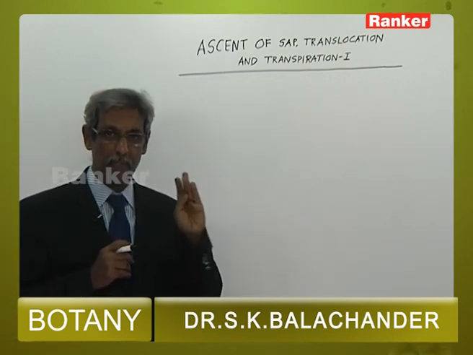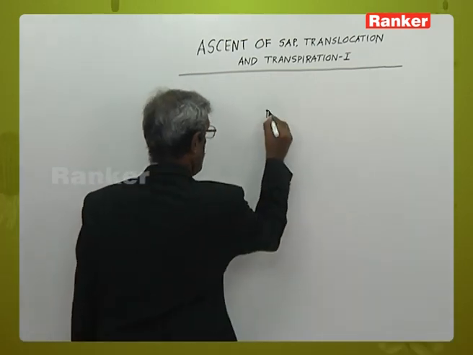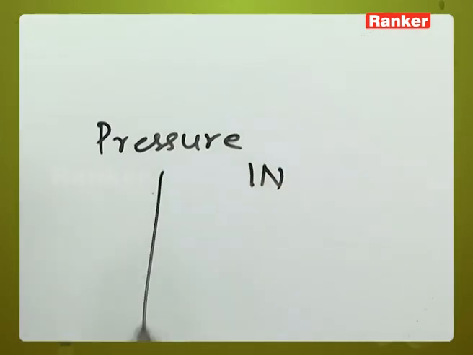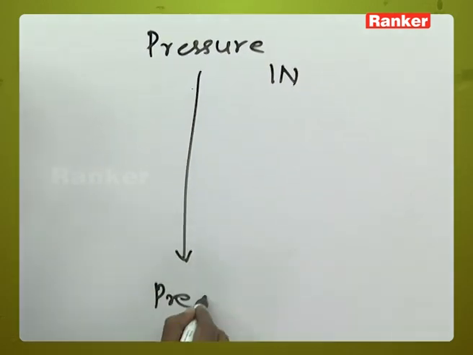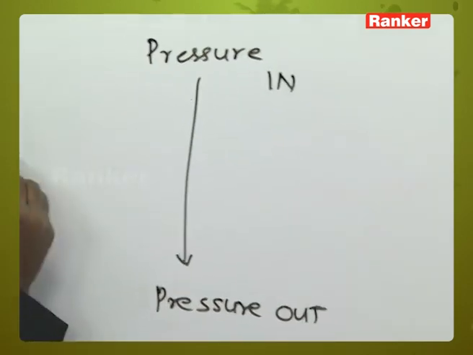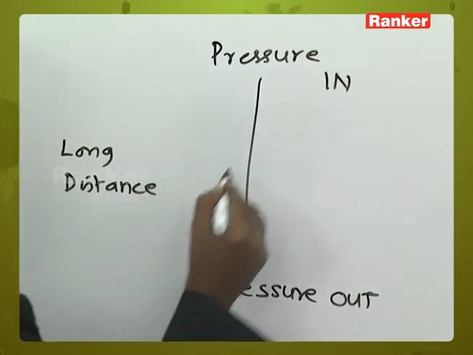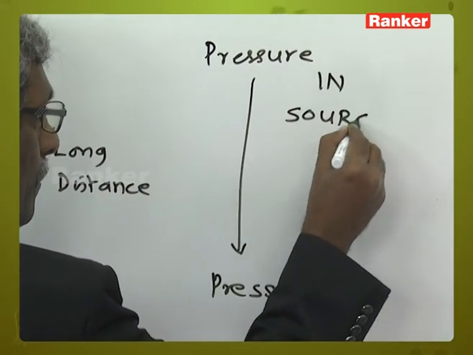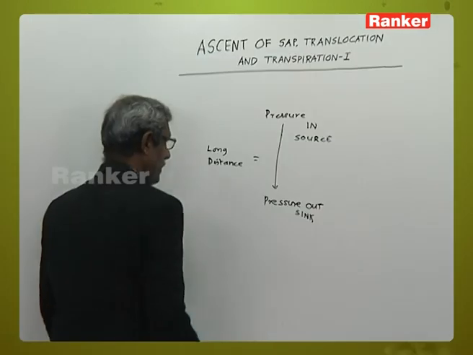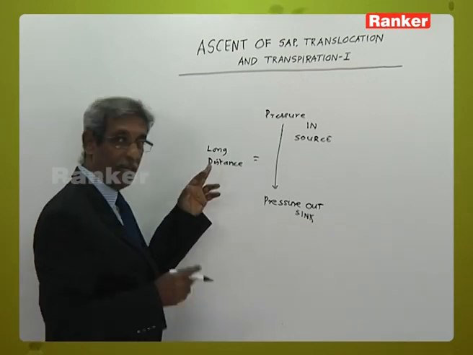From the source to the sink, because of build-up of pressure, there is pressure in and pressure out over a long distance from a source to a sink. This is termed as long distance transport. So, in long distance transport, there is a translocation.